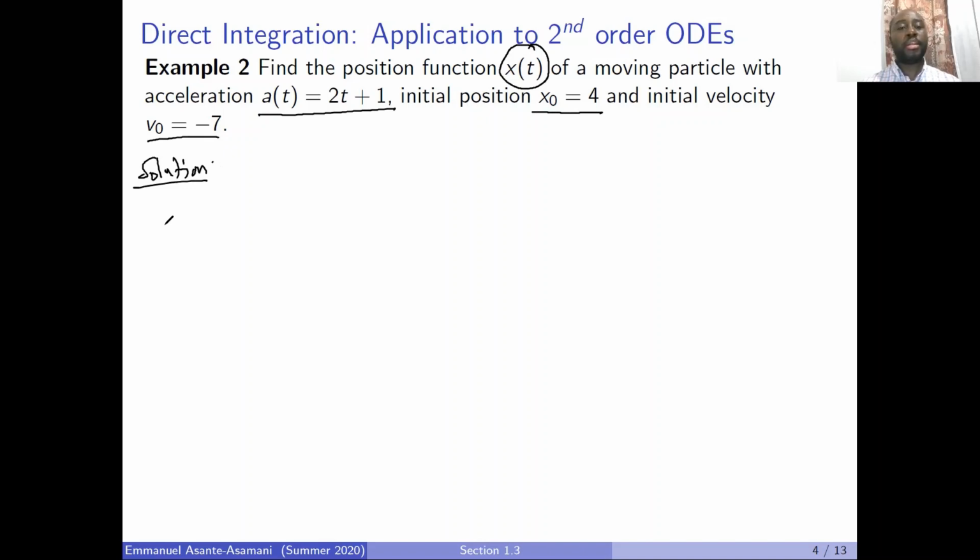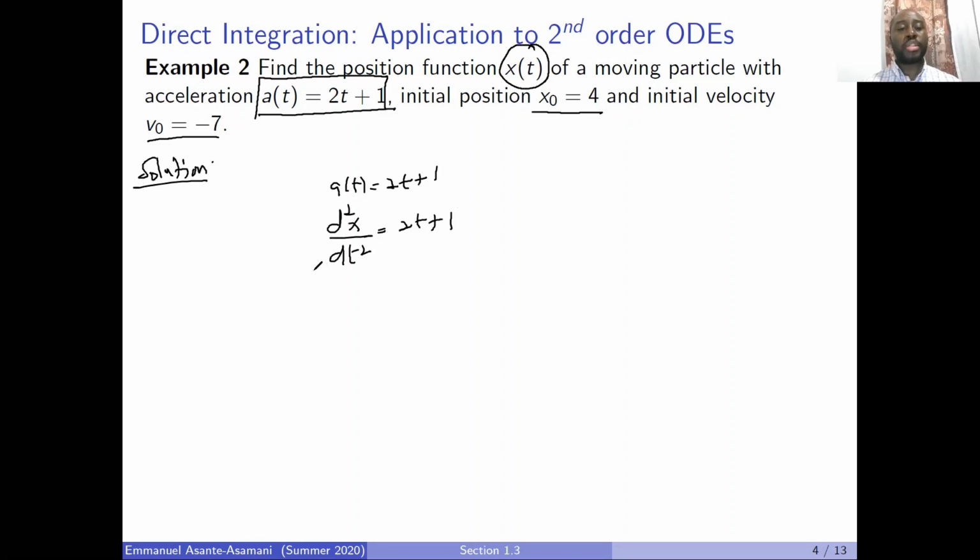Okay. Now the thing to keep in mind is that acceleration can be expressed in terms of position by taking the second derivative of position, right? And so saying that my acceleration is 2t plus 1 is really saying that the second derivative of the position function is 2t plus 1.